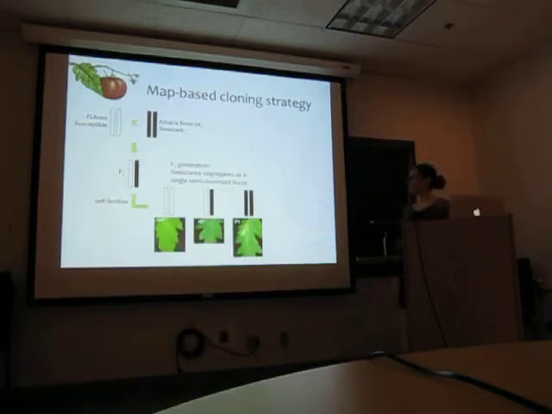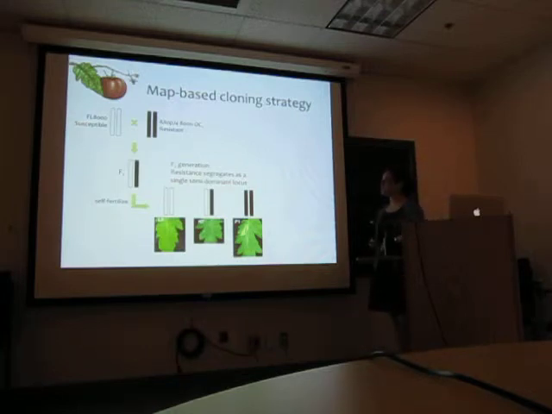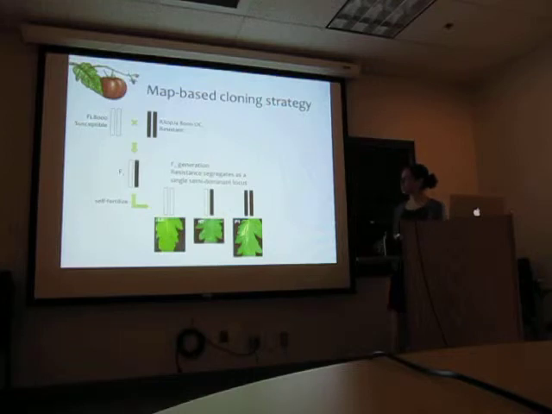And then in the F2 generation, if you remember your Mendelian genetics, our resistance segregates as a single semi-dominant locus, so we get a ratio of 1 to 2 to 1 of these genotypes. And what I mean by semi-dominant is that these plants that were homozygous for Lycopersicum were susceptible, no HR.